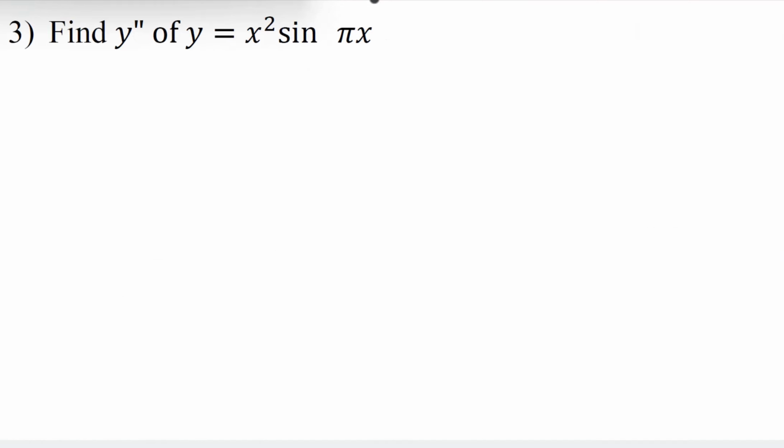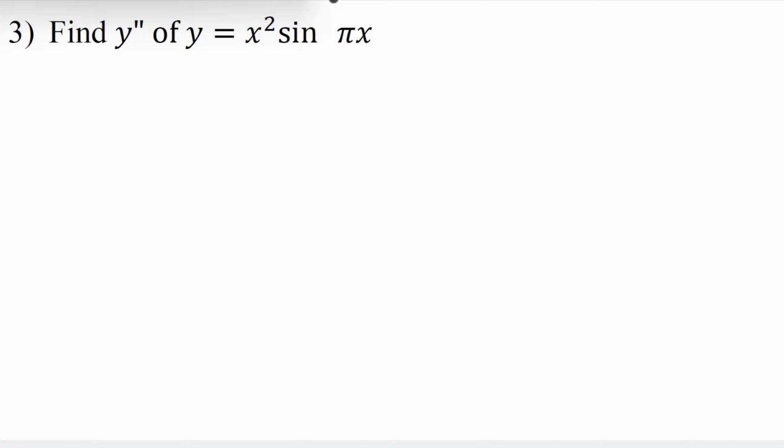All right. So this is the second derivative of x squared sine pi x. In this case, we have to do the product rule, and we kind of have to do the chain rule because of the pi x inside there.